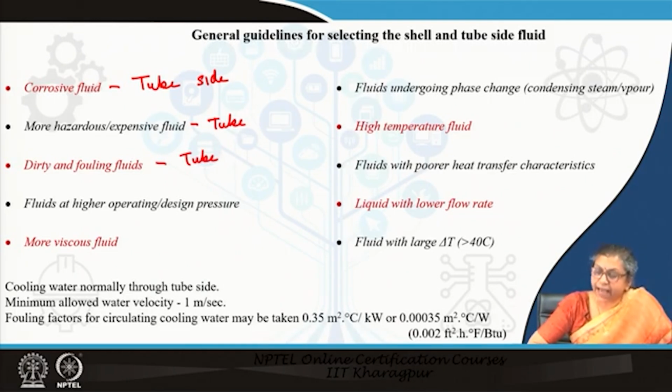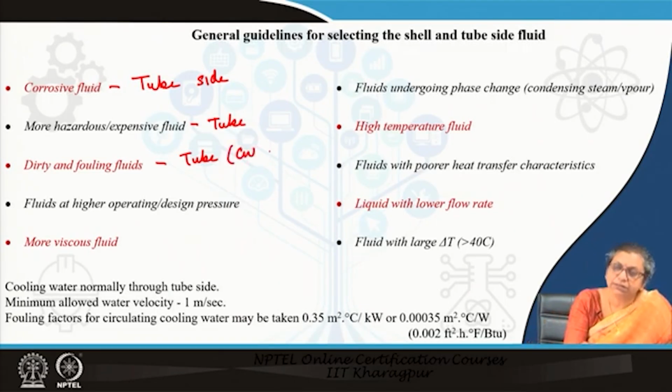Next thing is, while flowing in the tube, there are fewer areas of stagnation points, right. The flow is much more uniform. So, when there are fewer stagnation points, there are fewer areas where the fouling fluids can accumulate. This is the reason why generally cooling water is the most common coolant that we use.